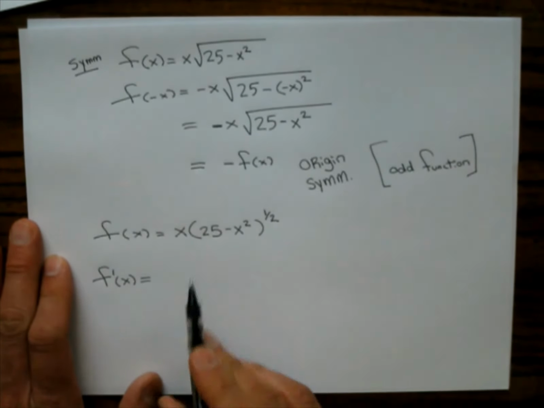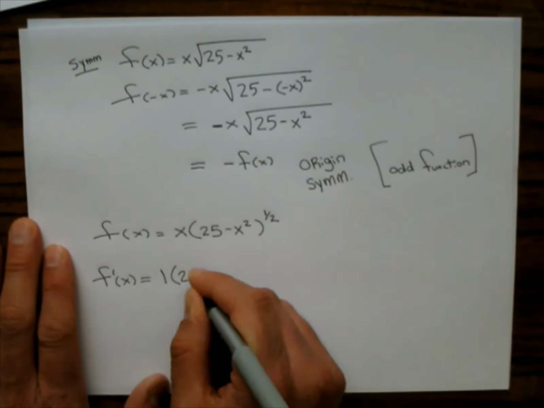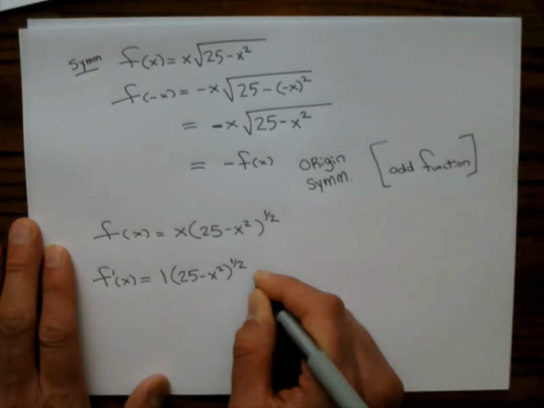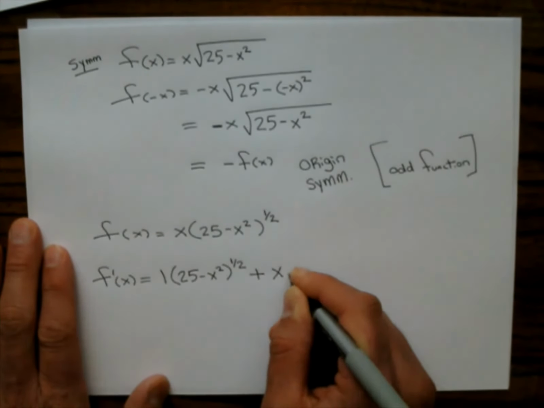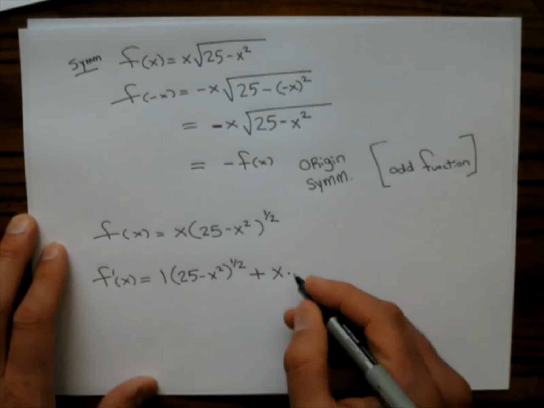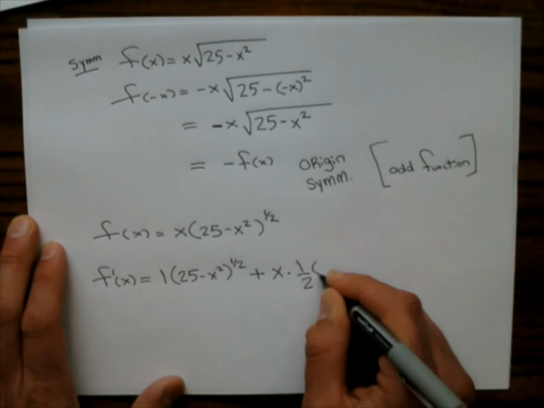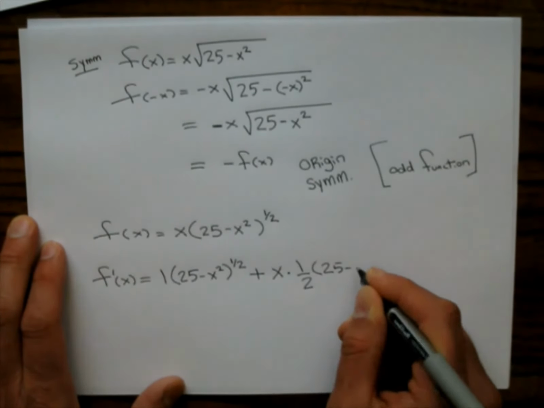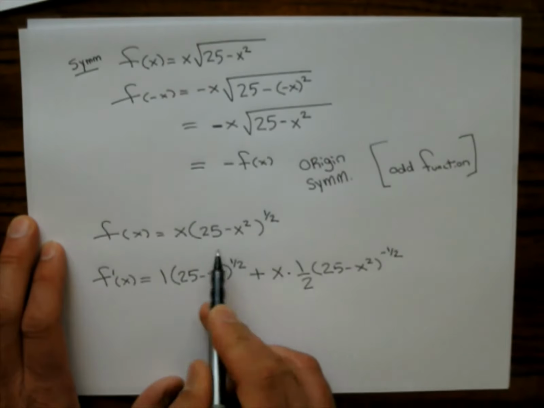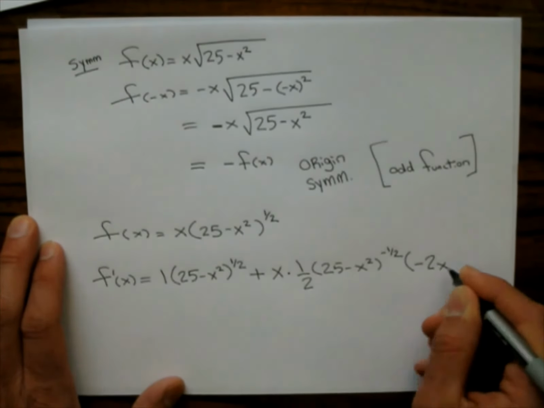So the derivative of the first times the second, and then I have plus the first times the derivative of the second, so I'm going to be doing some chain rule here. So I have something to the 1/2 is going to be 1/2 something to the negative 1/2 power, and then I'm going to take the derivative of the inside, which is going to be negative 2x.